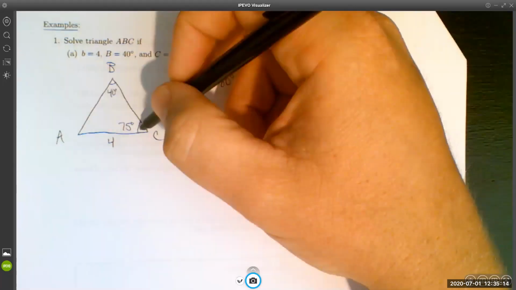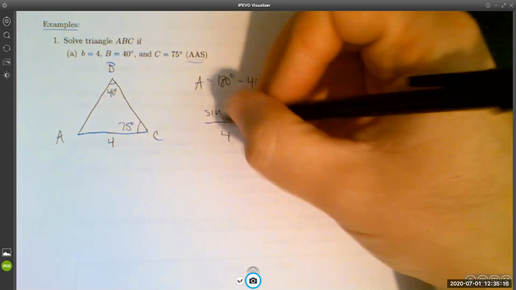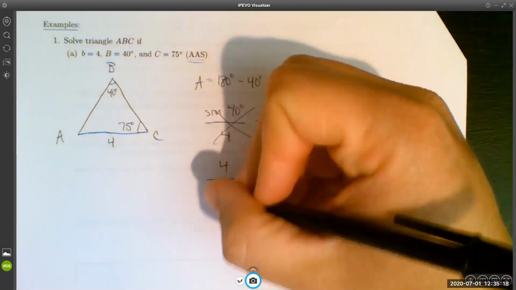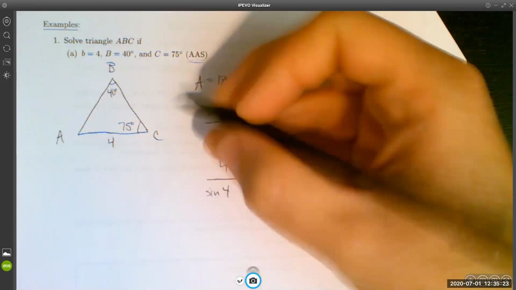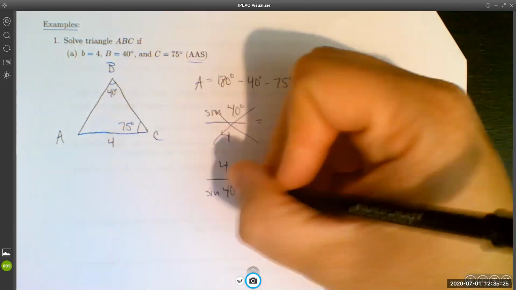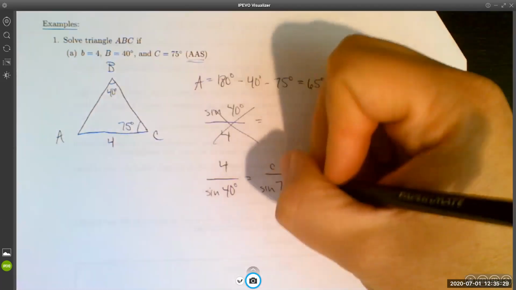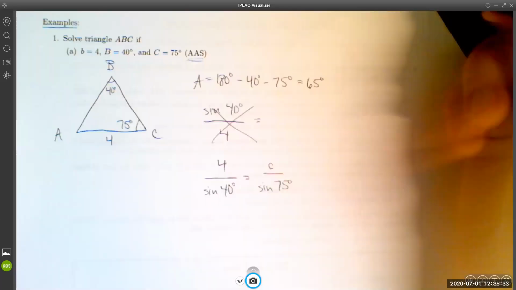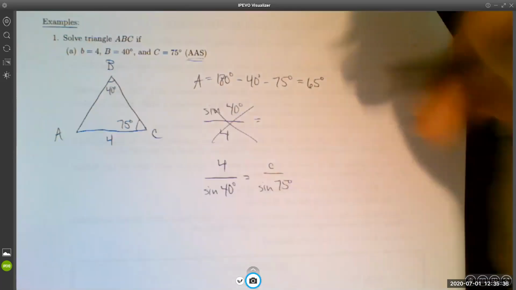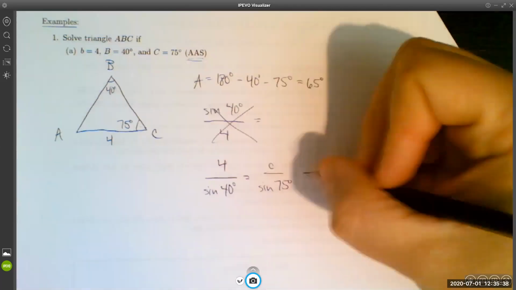Actually, maybe I'll do this the other way around: b over sine B equals c over sine C. This one we can solve for side c for sure. All I need to do is multiply through by sine 75 degrees.